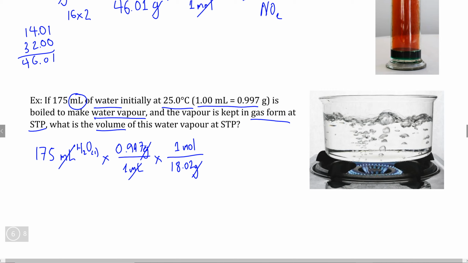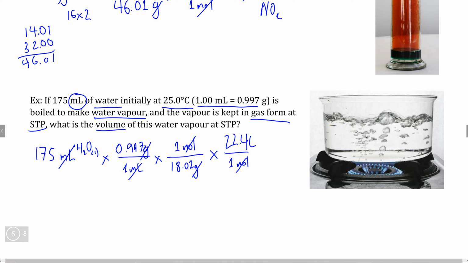Now, if this water is evaporated and then kept in gas form at standard temperature and pressure, we can figure out the volume because we know how many moles of water we have here. We know that at standard temperature and pressure, 1 mole of every gas is 22.4 liters.